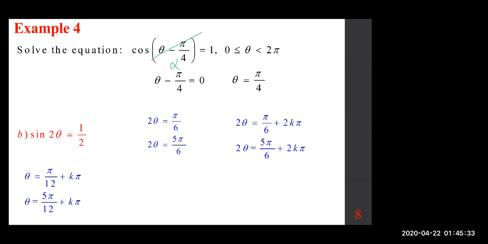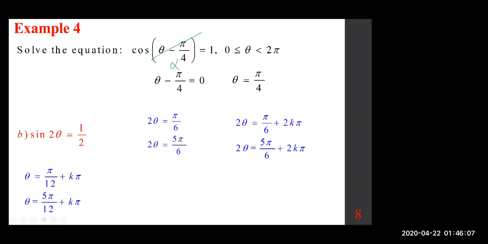But if we want it from 0 to 2 pi, we are going to replace the k with what? Everybody can hear me, right? Anybody want to answer it?